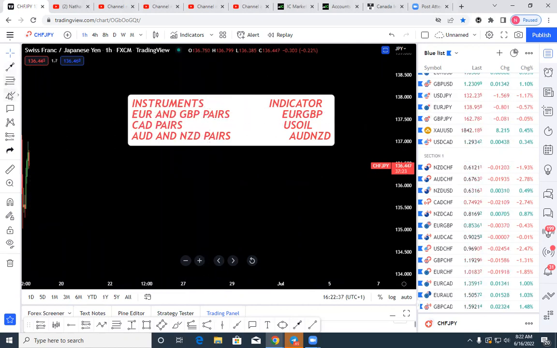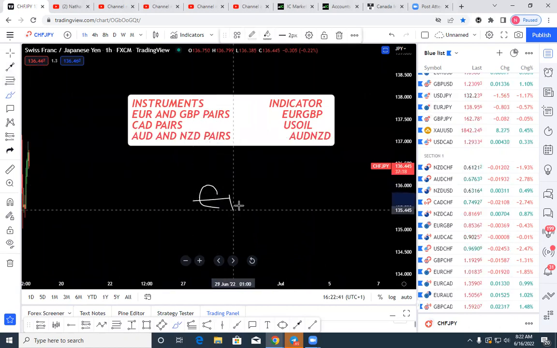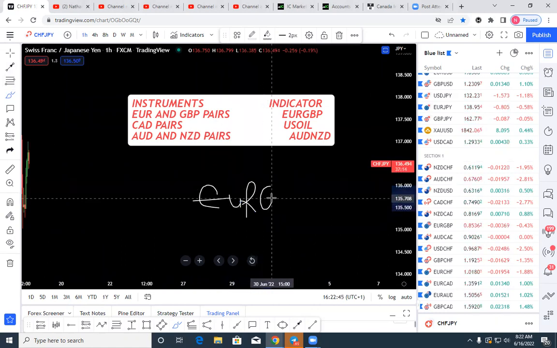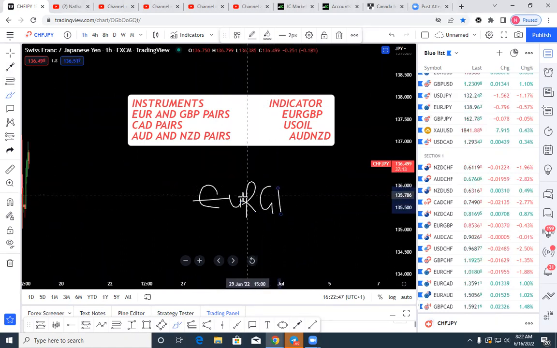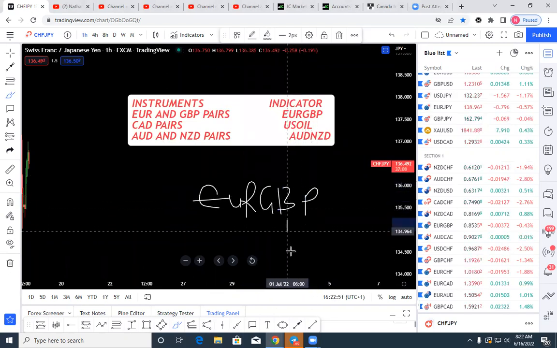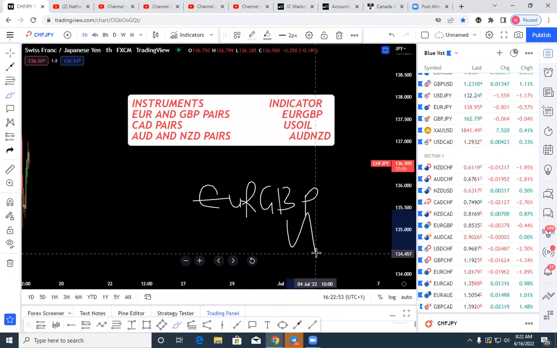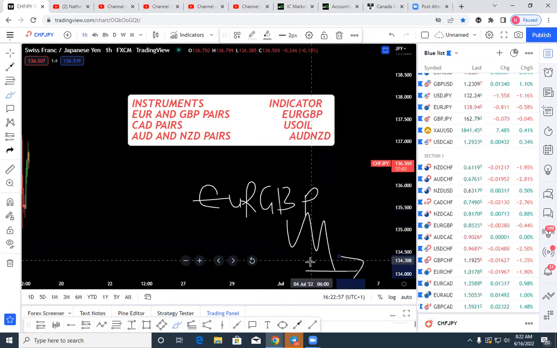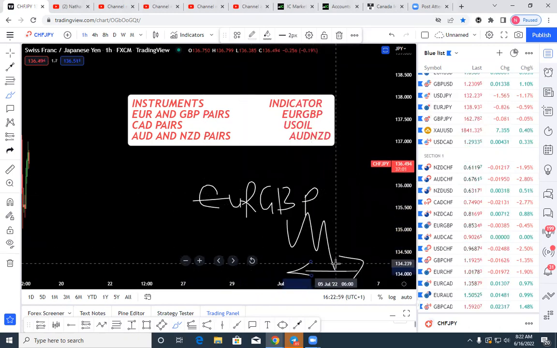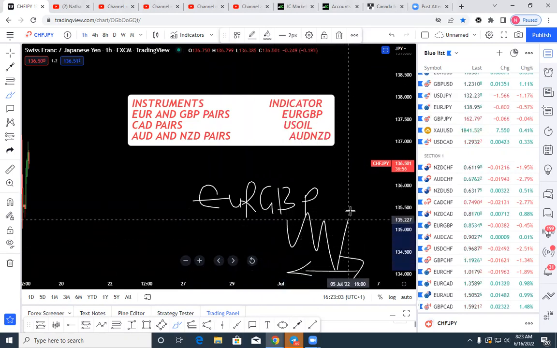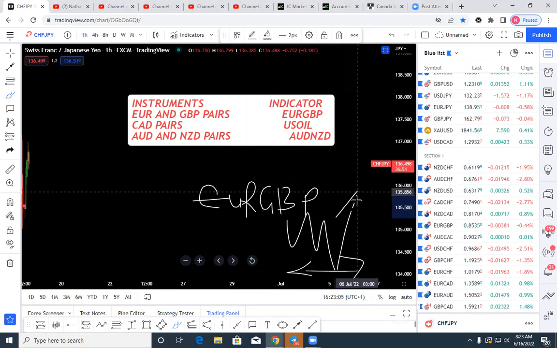For instance, if you look at Euro GBP setup right now, and you see that the setup is right at the low, too cheap, meaning that Euro is very cheap relative to GBP, and you are expecting a bullish move in Euro GBP.